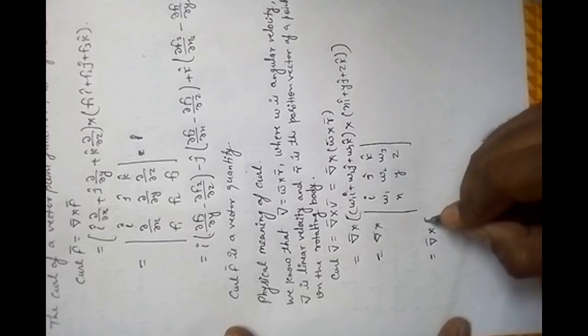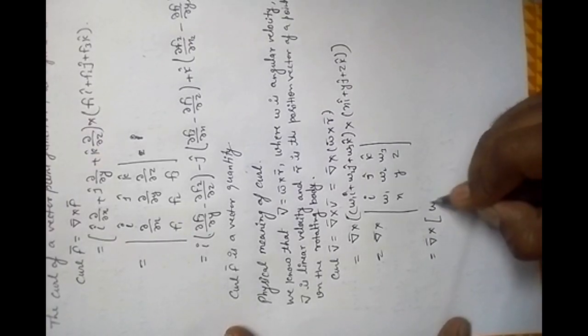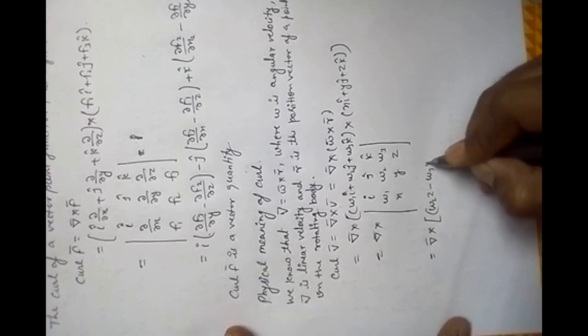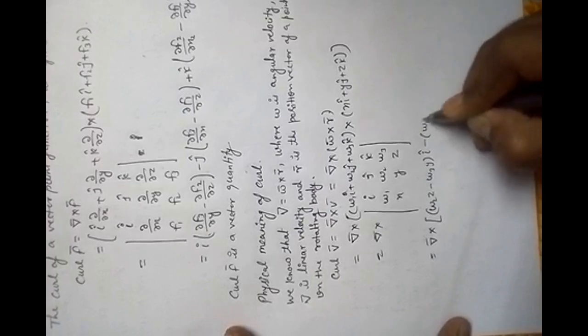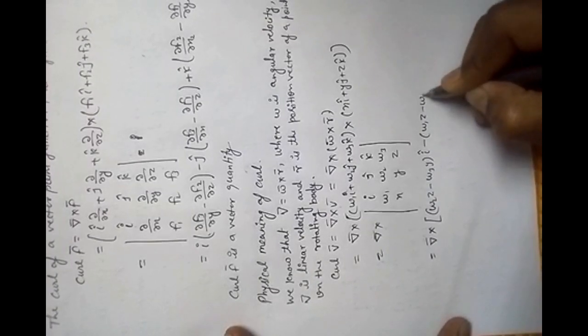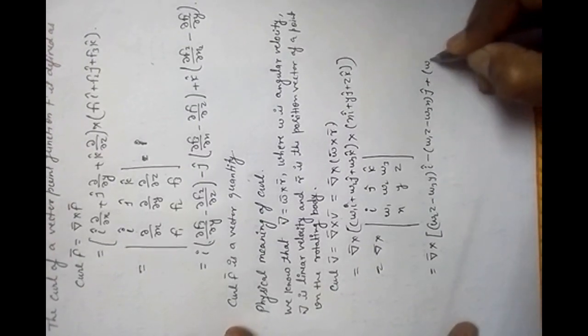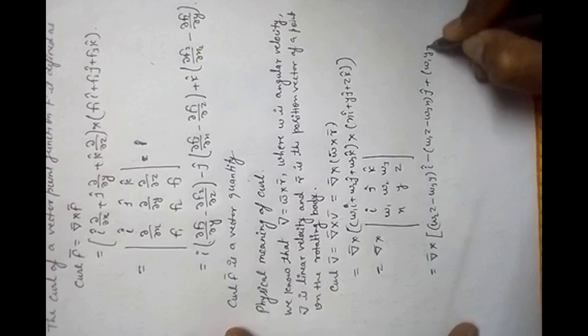So omega cross r is (omega 2 z minus omega 3 y) of i minus (omega 1 z minus omega 3 x) of j plus (omega 1 y minus omega 2 x) of k.